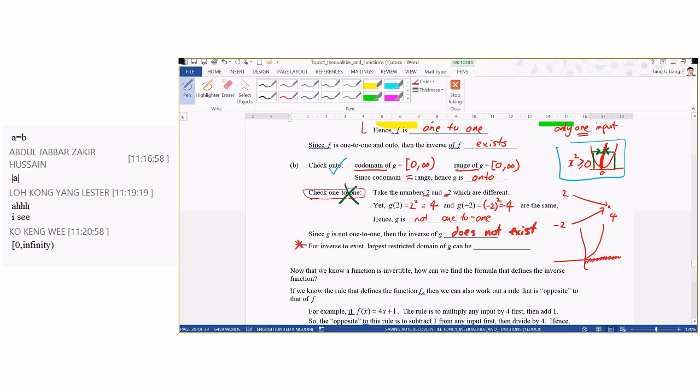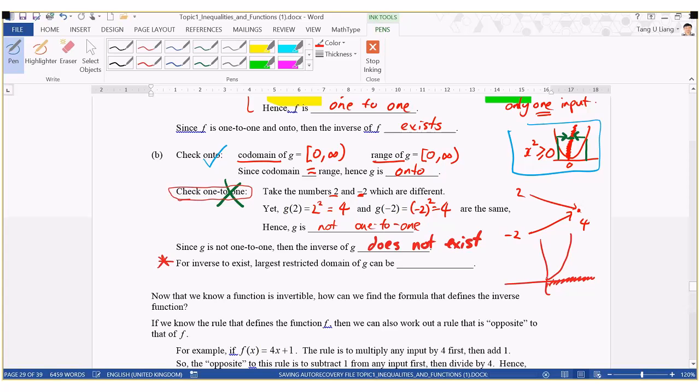Yeah, also can. That's right, very good. Negative infinity to 0 also can. In which case, our graph will look something like this. Now it's the other side of the U shape.